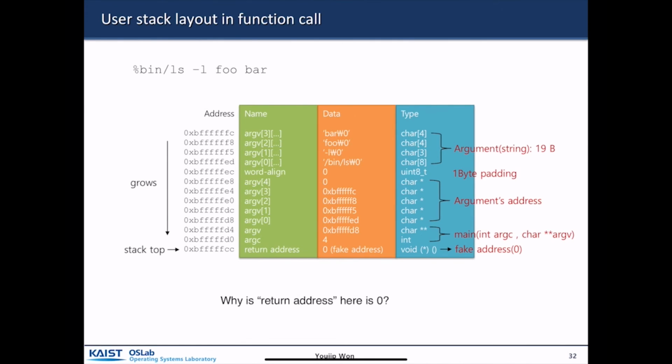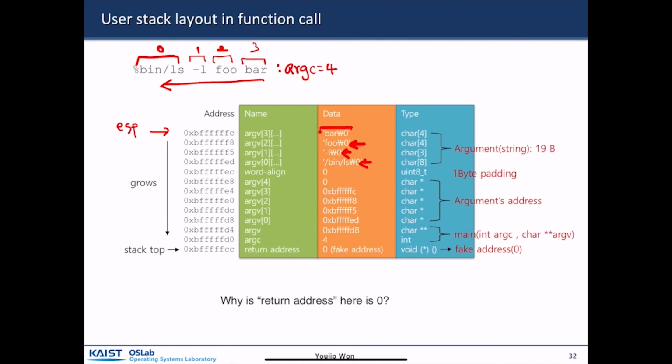Here, the number of arguments is 4, and this is index 0, index 1, index 2, and index 3. Assume that before pushing the parameters, this represents the stack top. Now, we are pushing individual strings from right to left. First, we push bar0, then foo, then -l, and then /bin/ls.